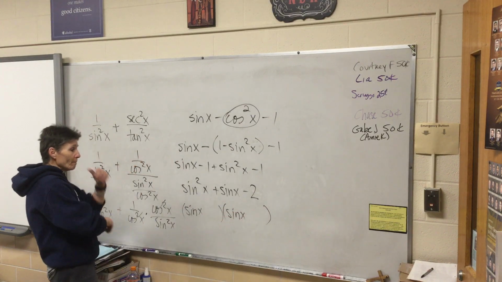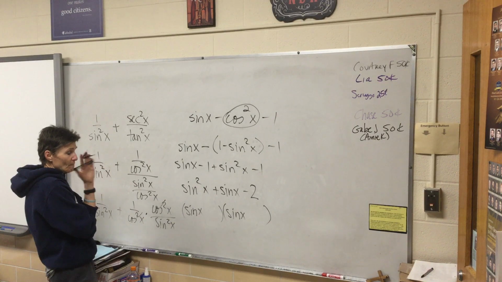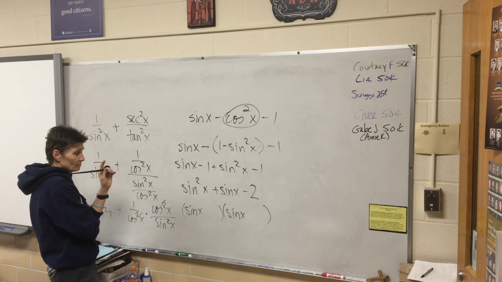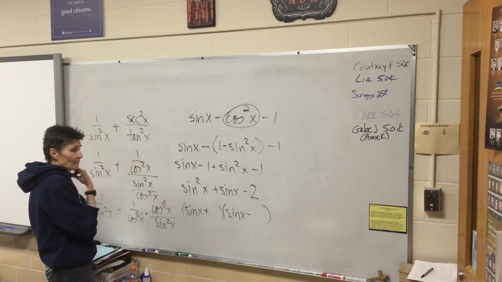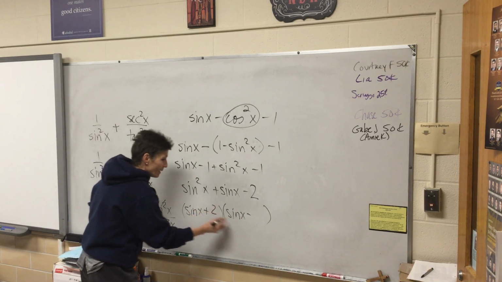What do you think might be in the back end of those parentheses if this is going to factor? I need a plus and a minus, right? Plus 2, minus 1.